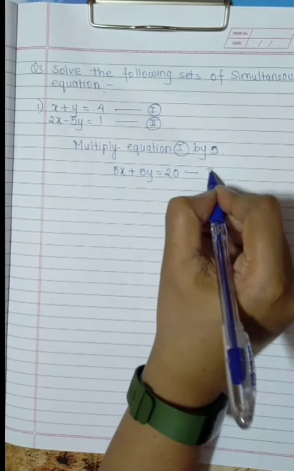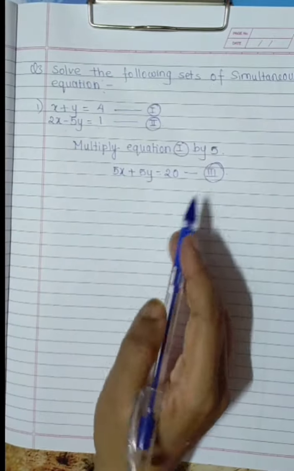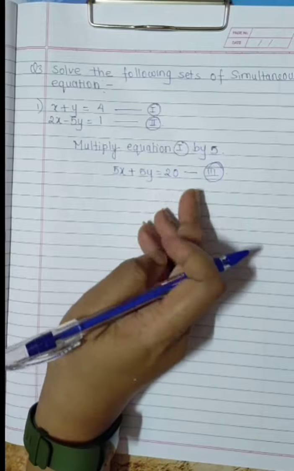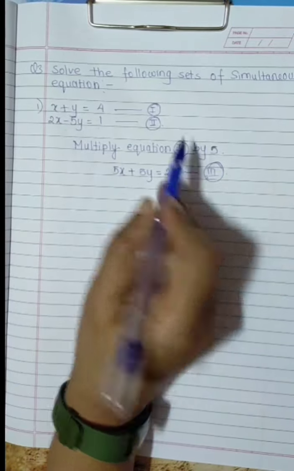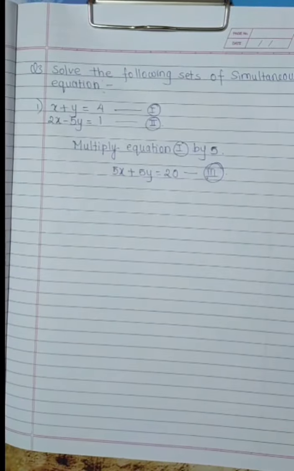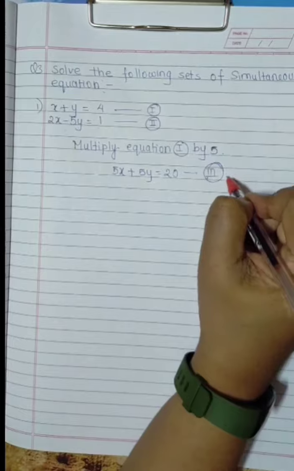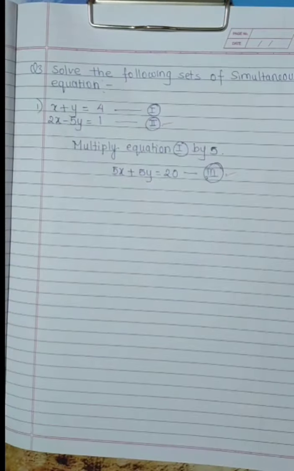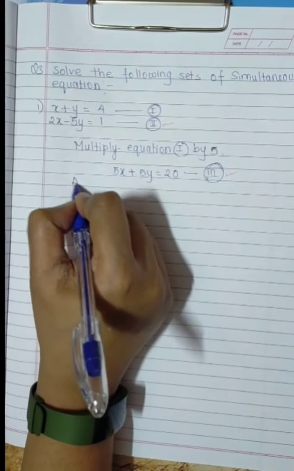This is our third equation, after multiplying by 5. Now after getting this, we are going to add equation third and second. Okay, so I'm going to add. This is the next step.